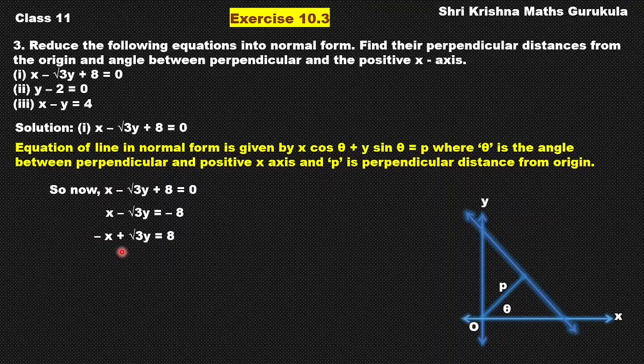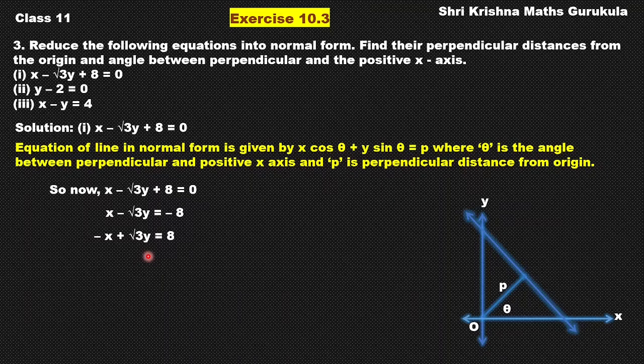Now we have to express the coefficient of x as cos theta and the coefficient of y as sin theta. That is what reducing the equation to standard form means. How do we do that? Minus 1 you can express as cos theta, but root 3 for sin theta, how do we do that? It is not possible. It doesn't take that value.